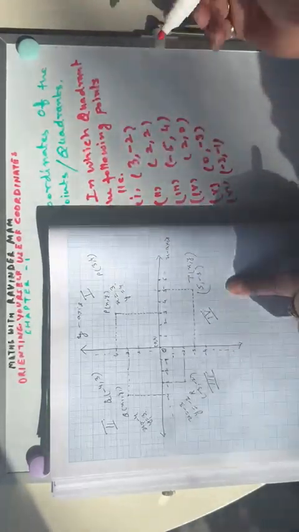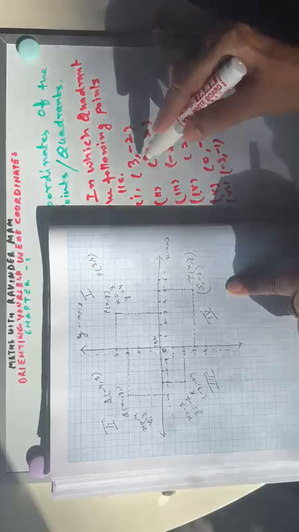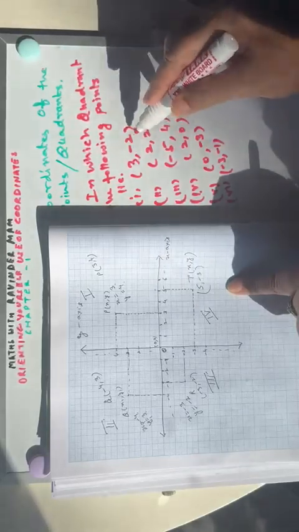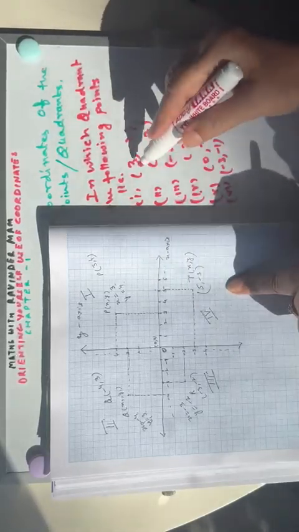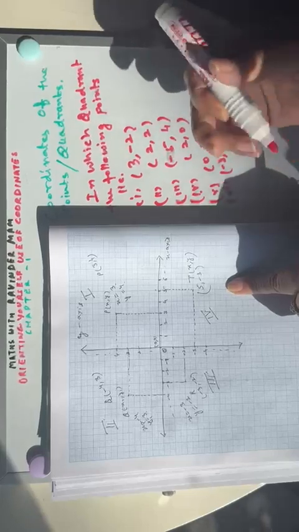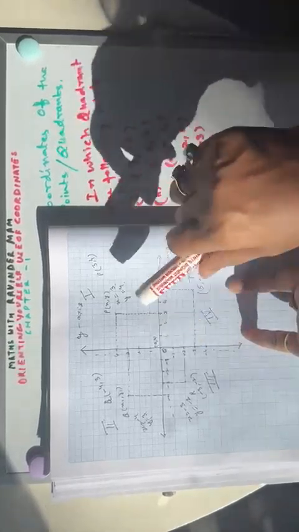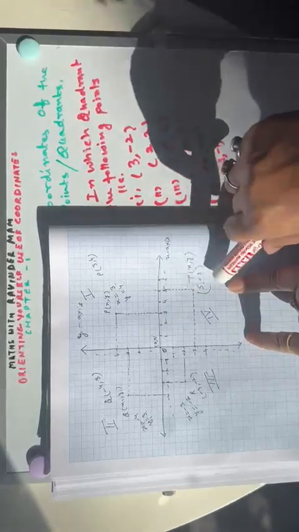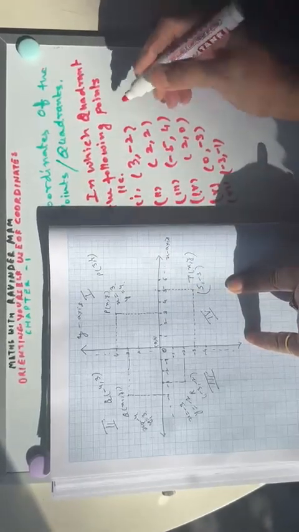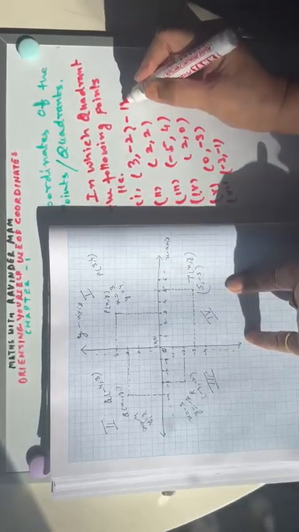So let us see. Check your answer. First is 3 and minus 2. Positive and negative. X positive, Y negative, so this is the fourth quadrant. So I am writing here fourth quadrant.